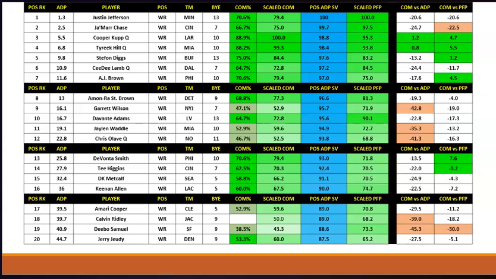Okay, so let's go through Justin Jefferson, number 1 ranked, ADP 1.3, highly thought of this year. His COM was 70%. That means 70% of his games in 2023 were above median, which is 13 fantasy points.